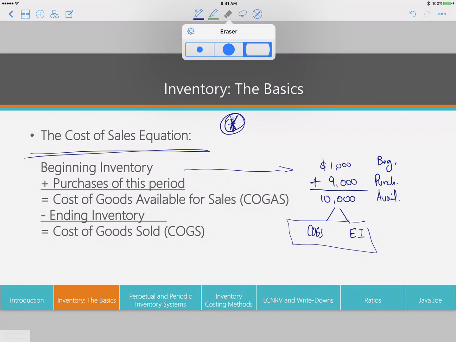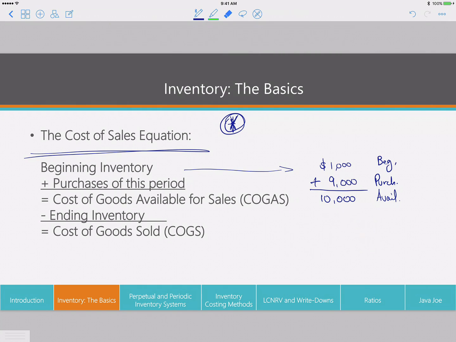So we would then, at the end of the period, do a physical inventory count. So let's say we found our ending inventory and we had 2,000 units left. So this is our ending inventory. So what we had available, less what we had left over, well, obviously, we sold through the rest.